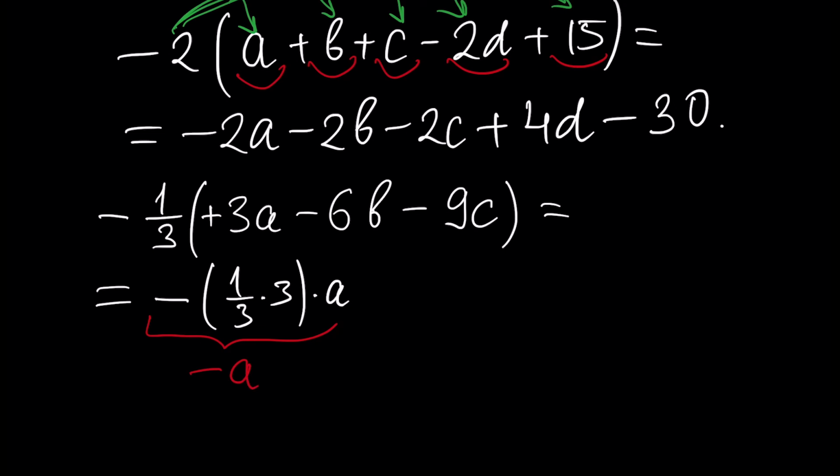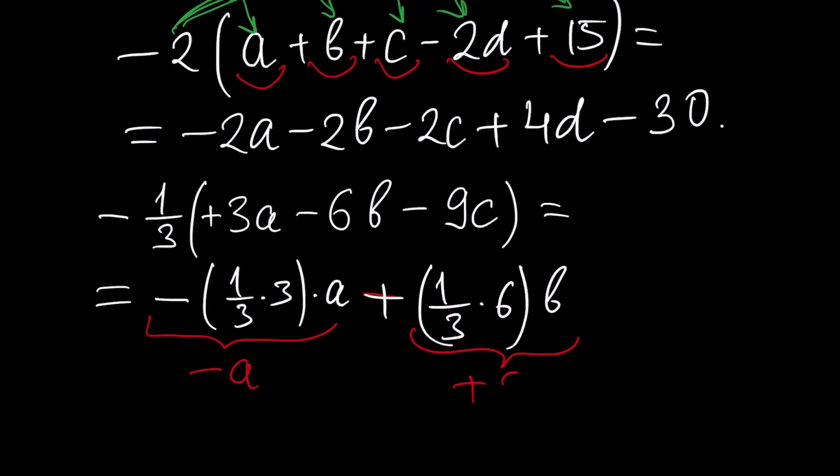Next we have a minus times minus is plus, so we have plus 1/3 times 6B, and this will be plus 2B.